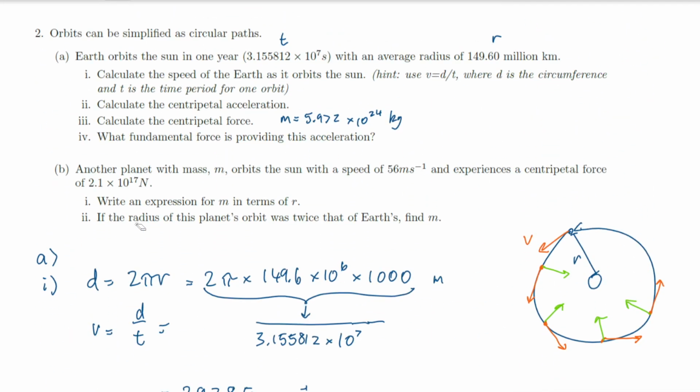Another planet with some mass m orbits the Sun with a given speed and experiences a centripetal force of 2.1 times 10 to the 17 newtons. Write an expression for m in terms of r, the radius.